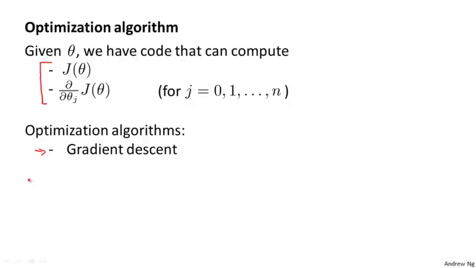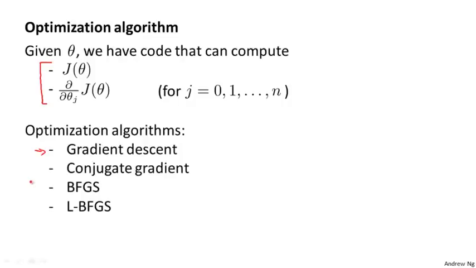But gradient descent isn't the only algorithm we can use, and there are other, more advanced, more sophisticated ones that, if we only provide them a way to compute these two things, are different approaches to optimize the cost function for us. So conjugate gradient, BFGS, and L-BFGS are examples of more sophisticated optimization algorithms that need a way to compute J of theta and need a way to compute the derivatives, and can then use more sophisticated strategies than gradient descent to minimize the cost function.